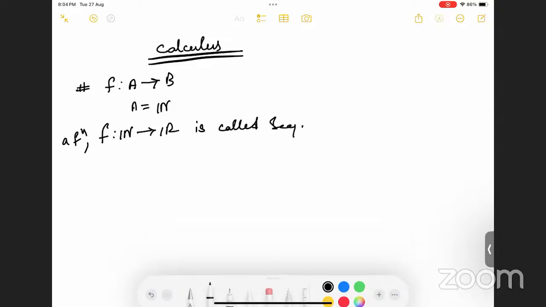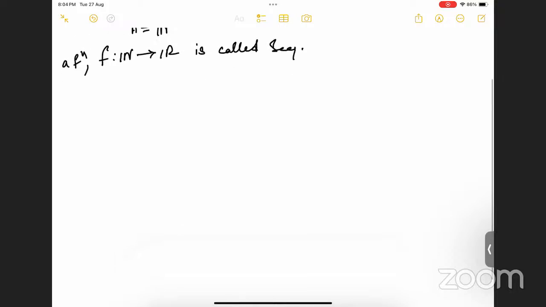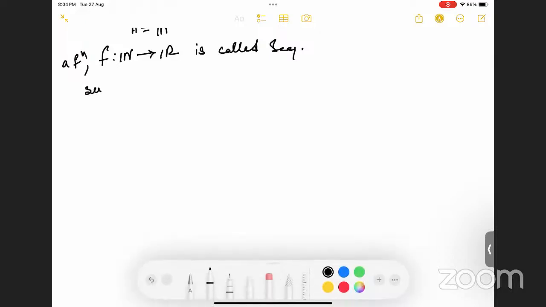Then we covered the concept of subsequence, right? We can define a sequence as a_n, and what is a_n? It's the image of the element n, where n belongs to the natural numbers, so f of n is basically a_n.